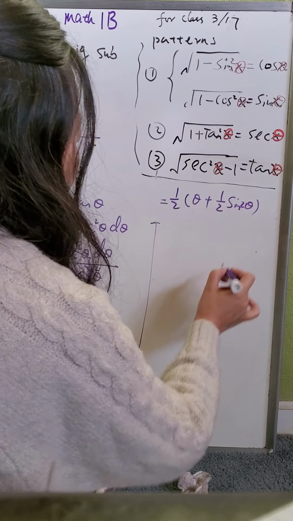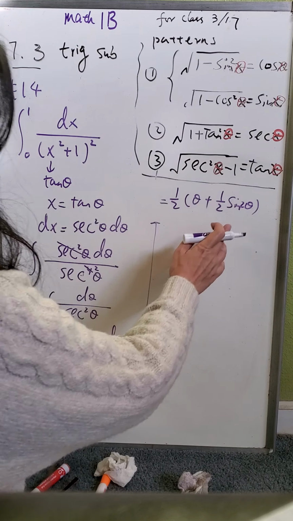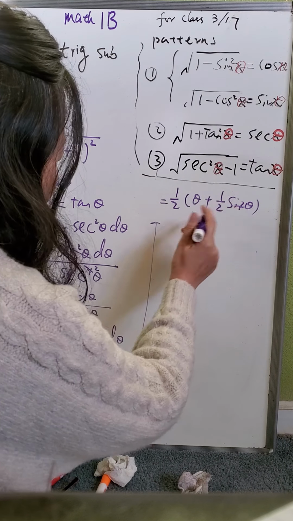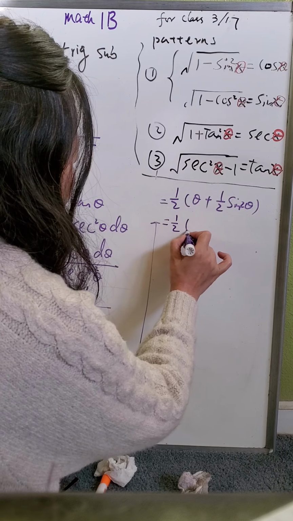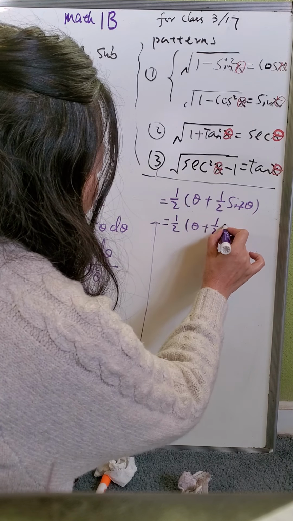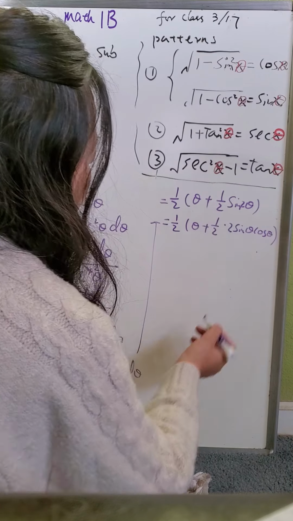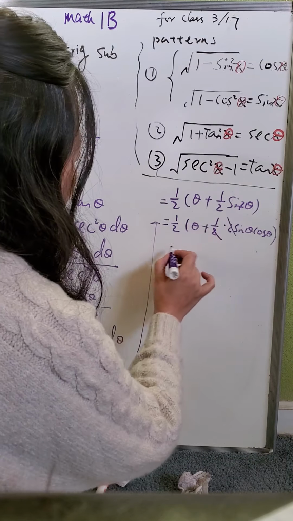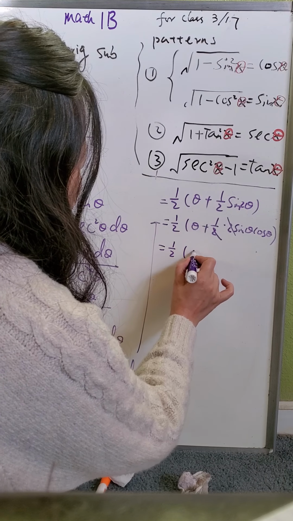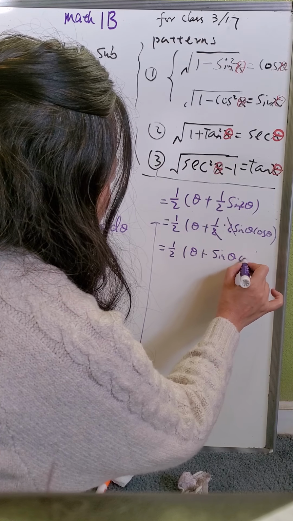So we can just memorize the pattern. Now, this is sine 2 theta, it happens again, so it's 1/2 theta plus, use identity, so it's 1/2 times by 2 sine theta cosine theta. Okay, reduce that, so that becomes 1/2 theta plus sine theta cosine theta.